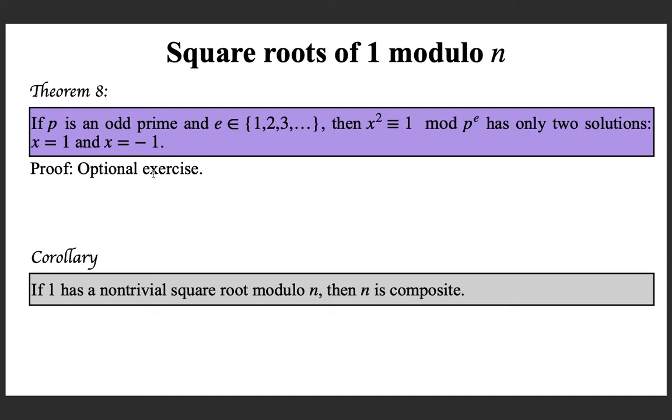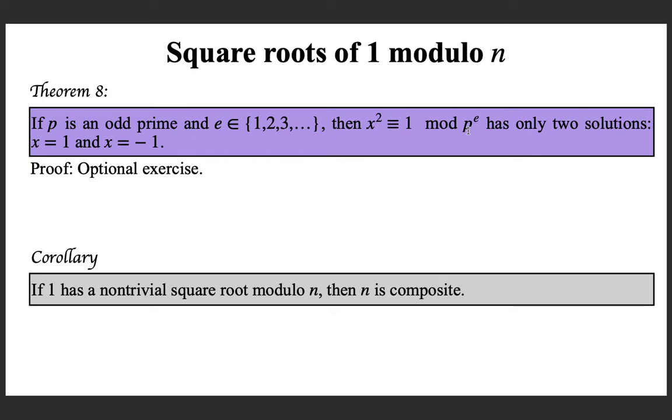So, if you can find that 1 has a non-trivial square root in the modulo n system, then it must be composite, because if you have a non-trivial square root, then this number cannot be prime because of this theorem.